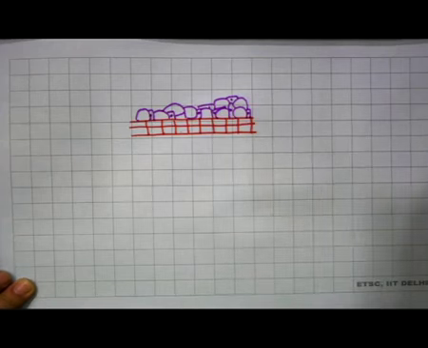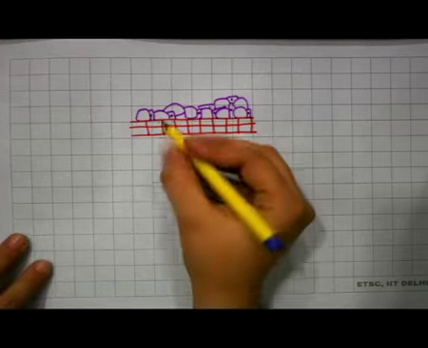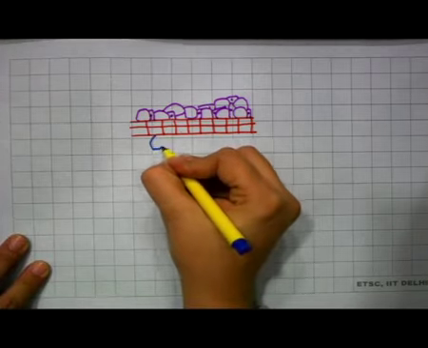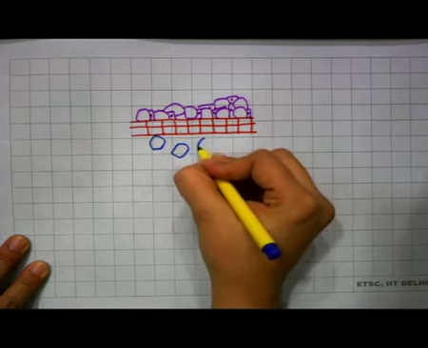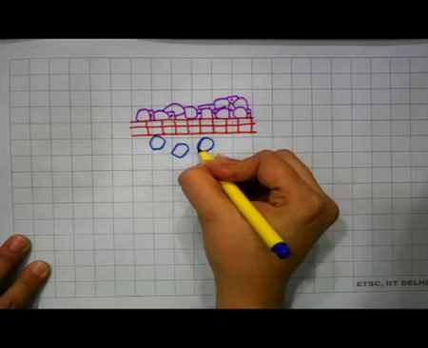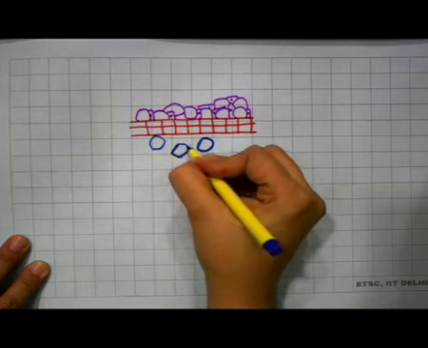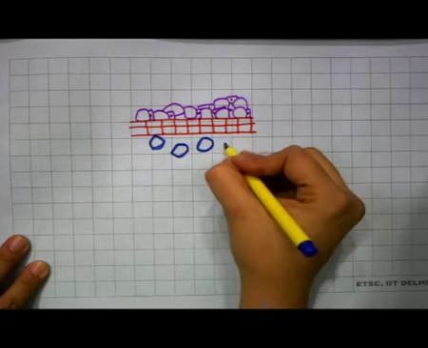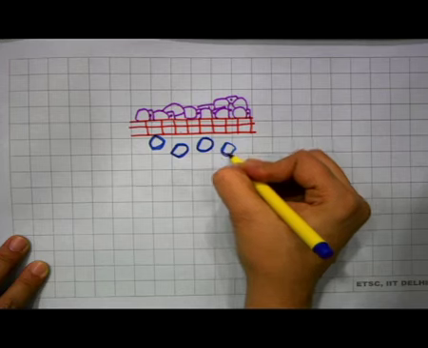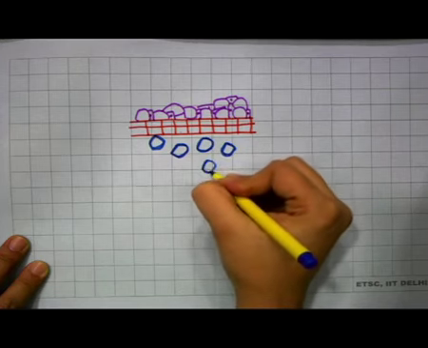Yes, these are the companion cells associated with the sieve tubes. And as far as xylem is concerned, you must be remembering that in order to draw xylem, we draw vessels with thickenings. These cells are not completely round, somewhat polygonal. So, this is how we draw xylem.